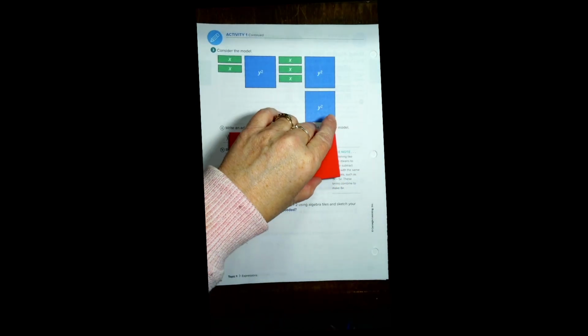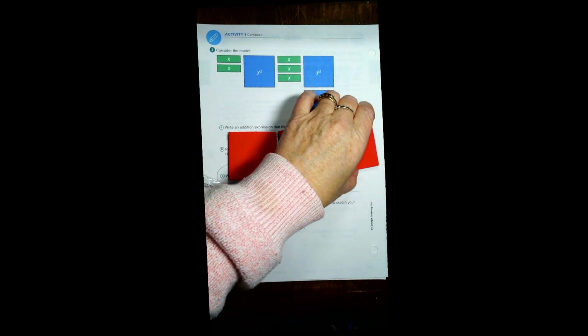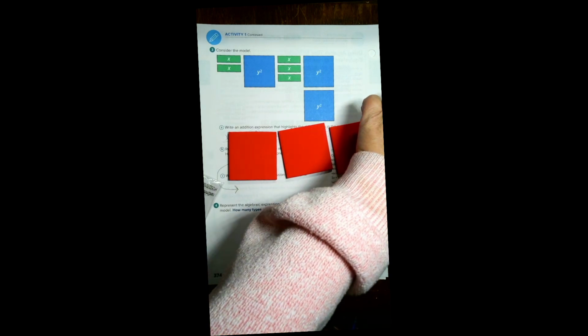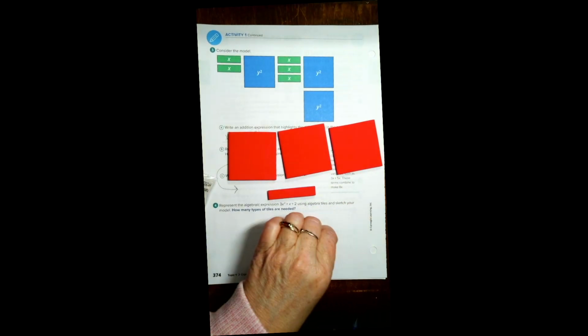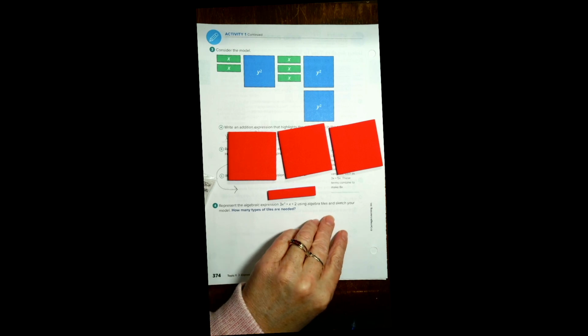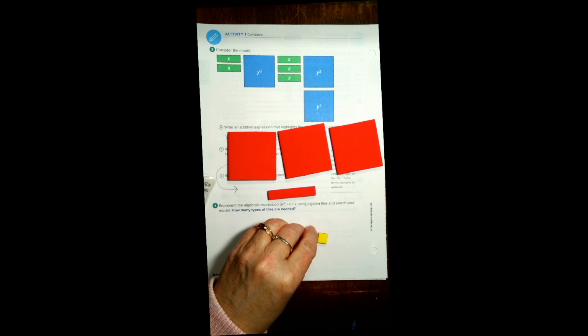Your book has them pictured as green, but these tiles here come red. So we have 3 of the x squareds, the x, so we'll do the long one for the x, and then now they're using these small ones for the numbers. So plus 2.